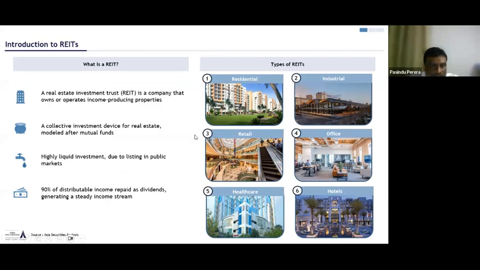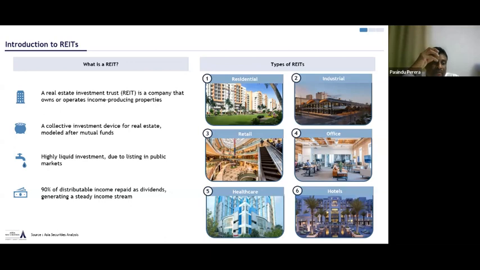Right. If you look at what a REIT is, REIT means Real Estate Investment Trust. It is a company that owns or operates income-producing properties. Basically, that company, or we can call it a fund, will hold income-producing properties, because at the end of the day the investors are putting in money to get a gain, a consistent dividend or maybe a capital gain.